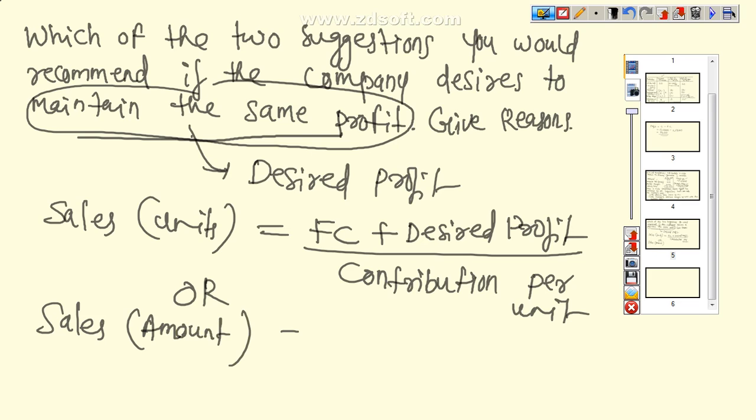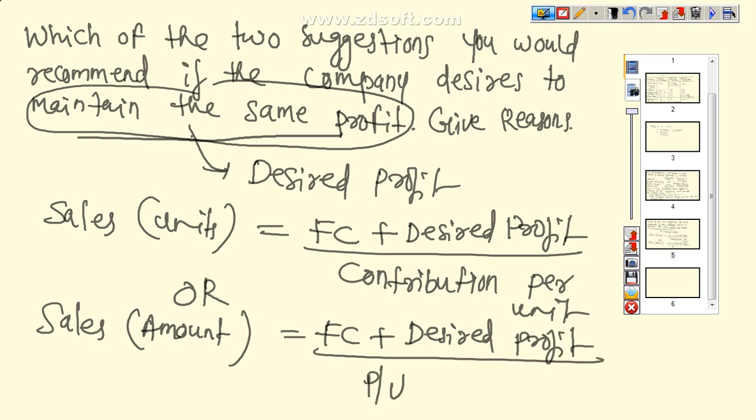Here we can apply the formula fixed cost plus desired profit upon PV ratio. In that case, we have to again calculate PV ratio, applying the formula selling price per unit minus variable cost per unit upon selling price per unit into 100. Then apply this formula. Otherwise we can apply the first one. So we are going to apply the first one.